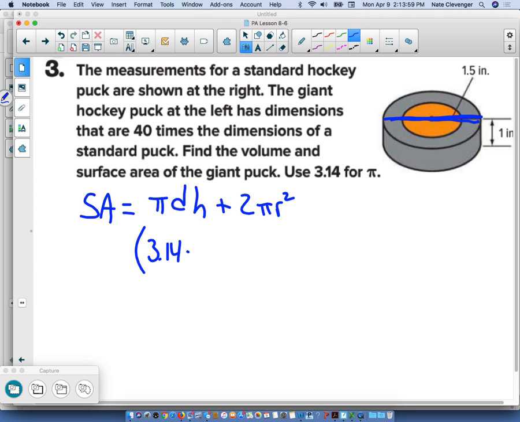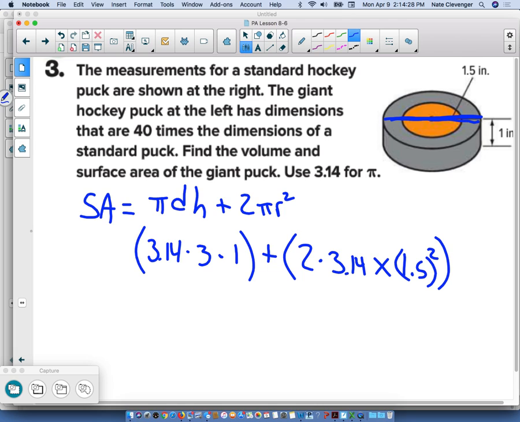I would, in your calculator, put a parenthesis, then 3.14 times 3, and then the height of our puck is 1. I put that in parentheses, 9.5 and then put a plus sign, and then another parenthesis, because we're going to take 2 times 3.14 times 1.5 squared.